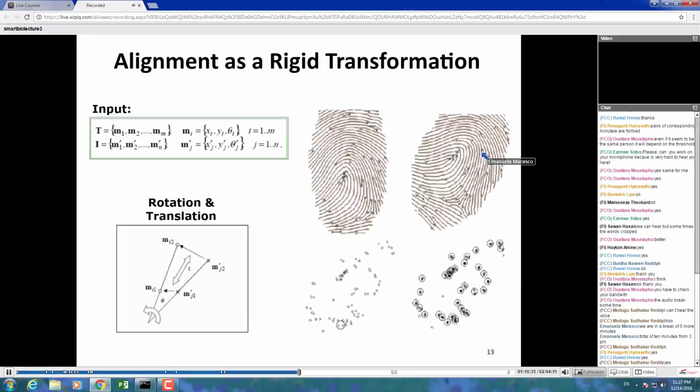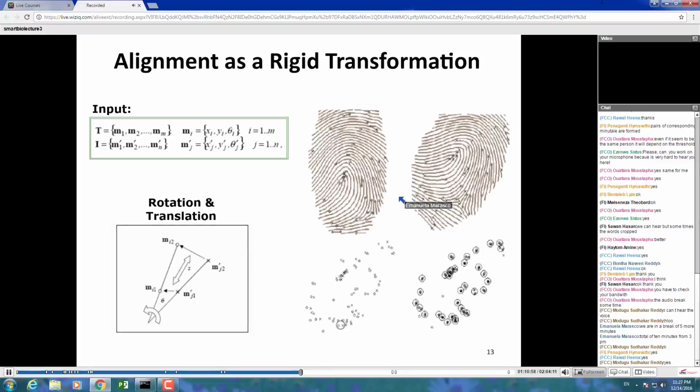We can define the alignment as a rigid transformation. So what does rigid transformation mean? The rigid transformation involves two operations, as you can see here: rotation and translation.